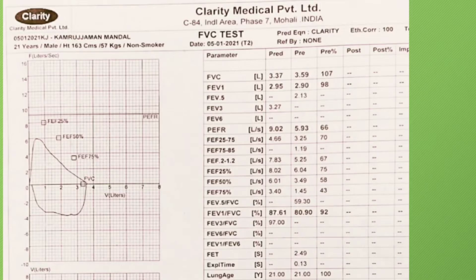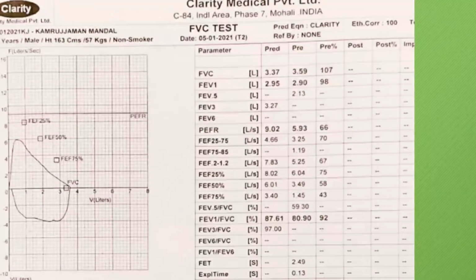When a patient comes to do a pulmonary function test, we have to enter some parameters into the software: the age of the subject, weight, height, smoking history, and also in which posture we are performing it. According to this data, the software gives a predicted value for that specific patient.